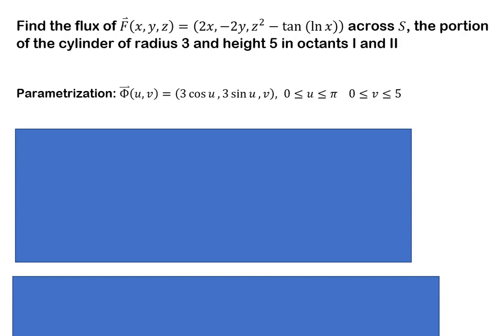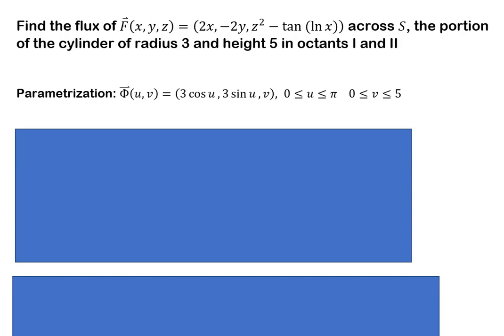Now the problem specified that we're working with the portion of the cylinder that lies in octants 1 and 2. Octants 1 and 2 correspond to quadrants 1 and 2 in the xy plane, so we need the angles that sweep out quadrants 1 and 2, and those angles are from 0 to pi.